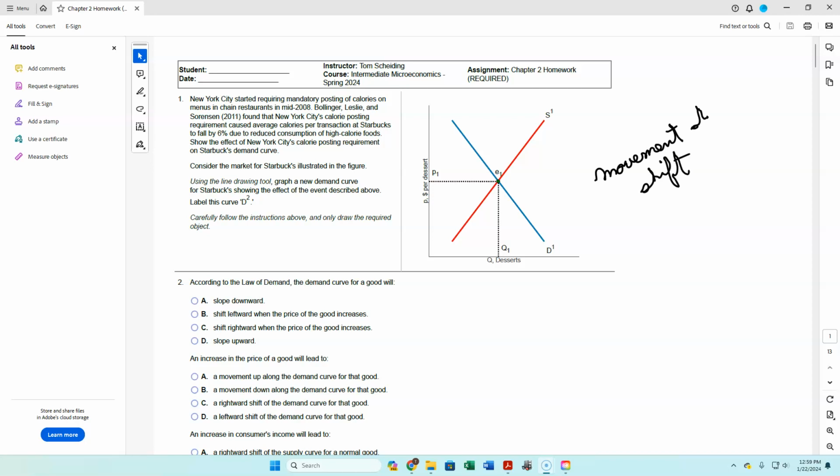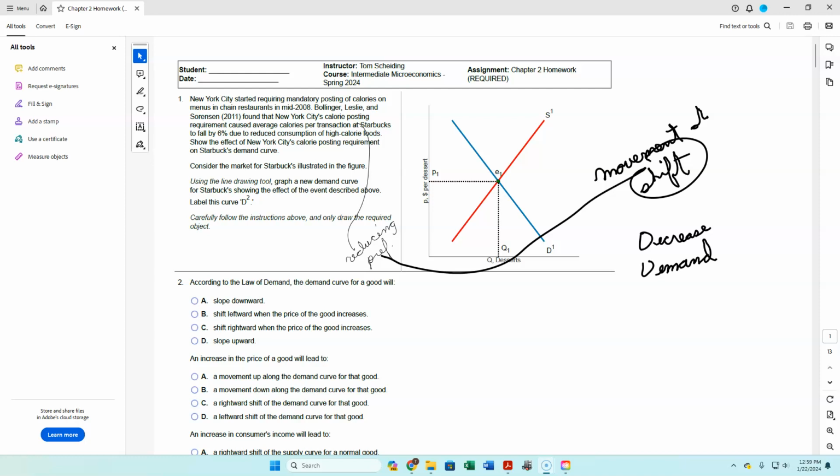As you're reading this text, what you're seeing is that you're basically reducing preferences for high calorie foods, and that would be a signal that you're shifting it. By posting it, people are doing it less, so it's going to be a decrease. It's going to be affecting the demand curve.